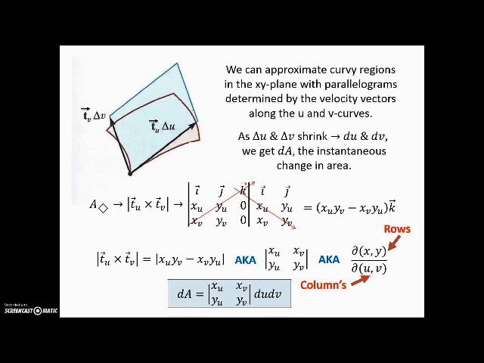So we now have the change in area, which is dx dy, equivalent to this determinant times du dv. And of course we have to make up a name for that. Okay, so we're going to name this determinant that we've developed the Jacobian.